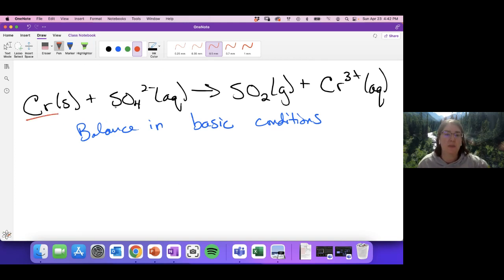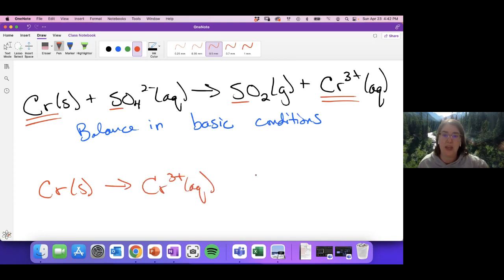So I've got chromium and sulfur and chromium. So we're just going to make those things match up. So I'm going to put my chromiums with the chromiums and put the sulfurs with the sulfurs, keeping that arrow in between whatever I have. So I've got chromium solid going to chromium 3+. And I've also got the sulfate anion.